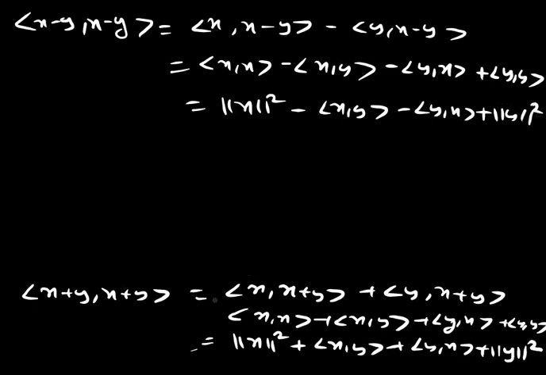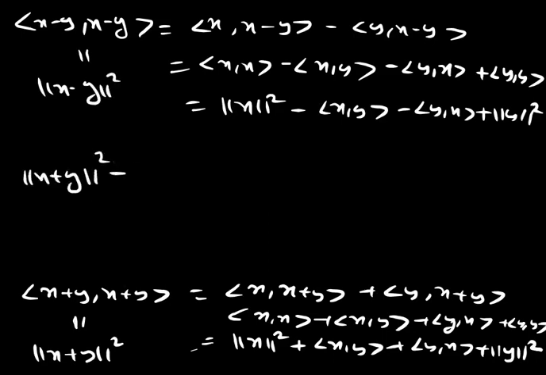So what happens if you subtract these terms? This is norm of x plus y whole square, and this is norm of x minus y whole square. So we get norm of x plus y whole square minus norm of x minus y whole square.